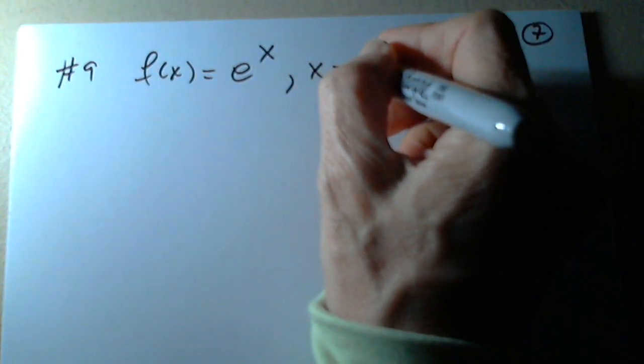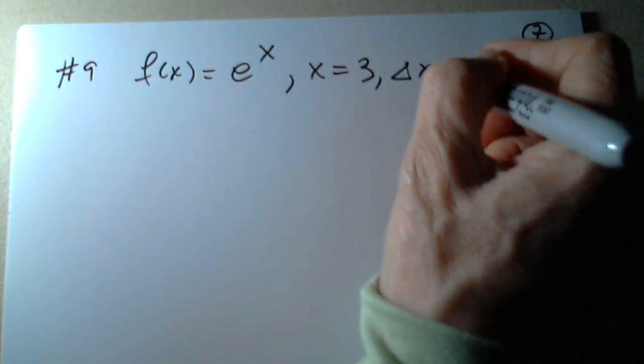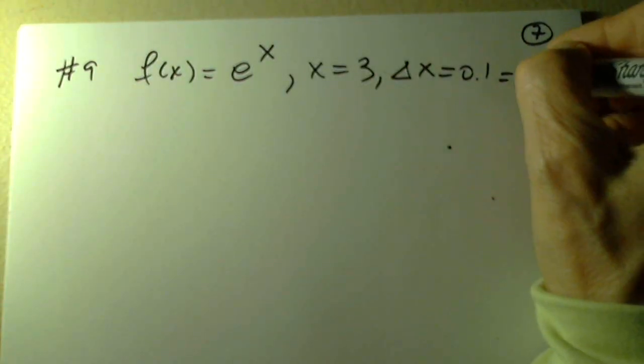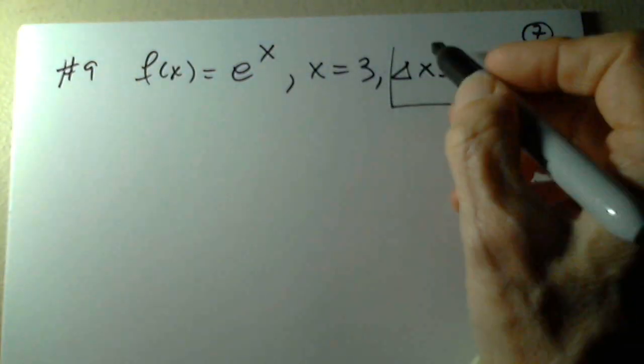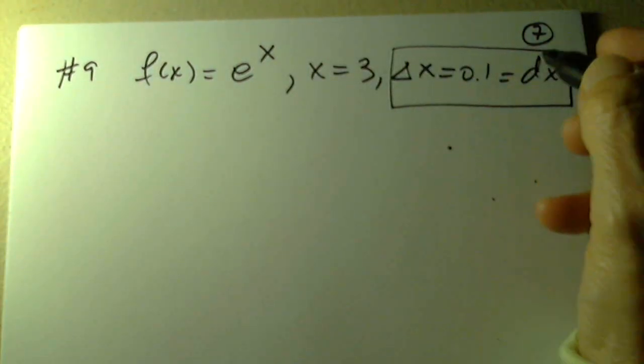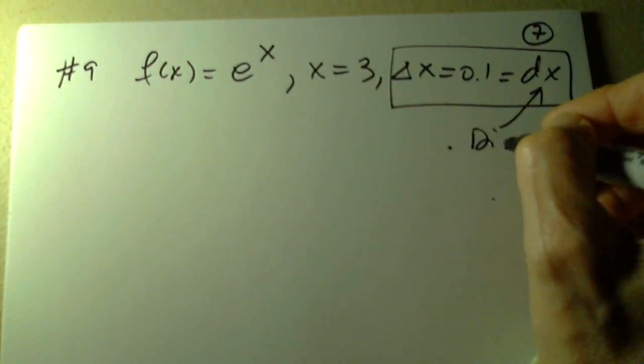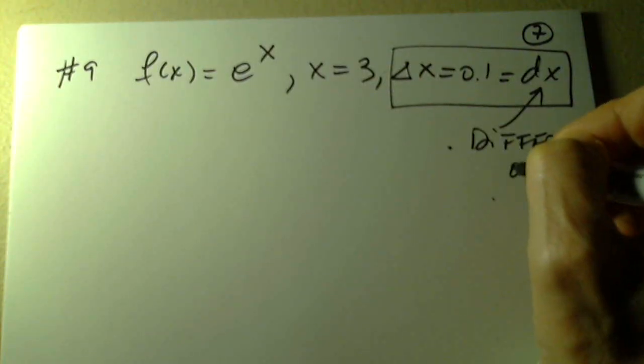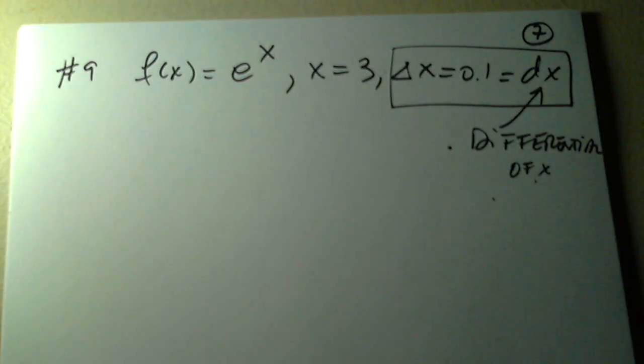So we have f of x equals e to the x, x equals 3, delta x equals 0.1, and delta x and dx are always the same. Delta x is the so-called differential of x, like delta y is the differential of y.